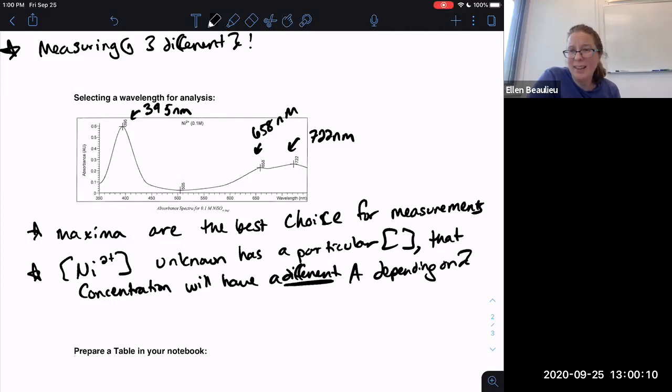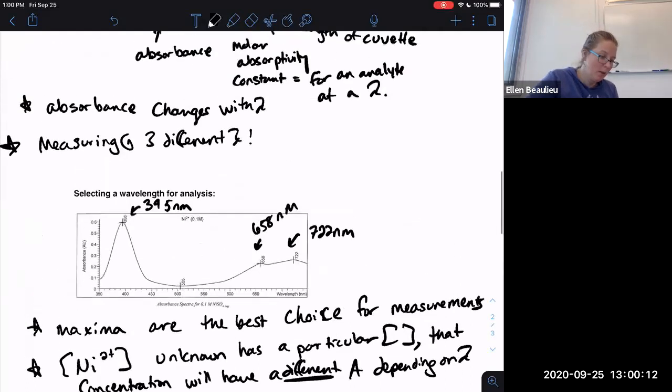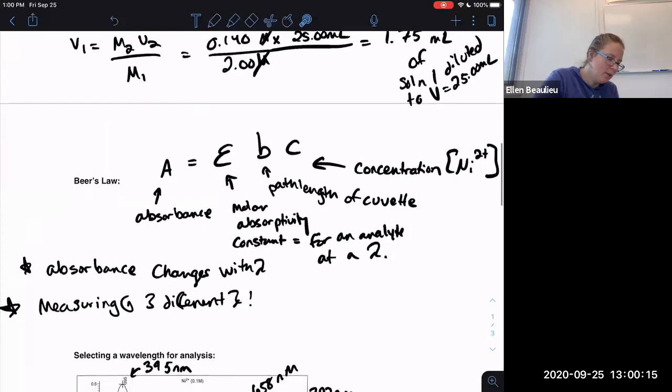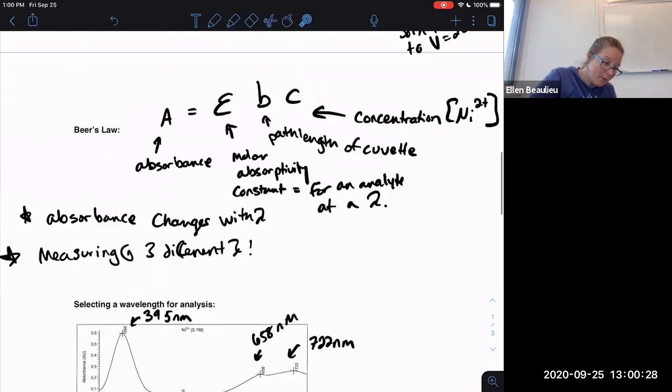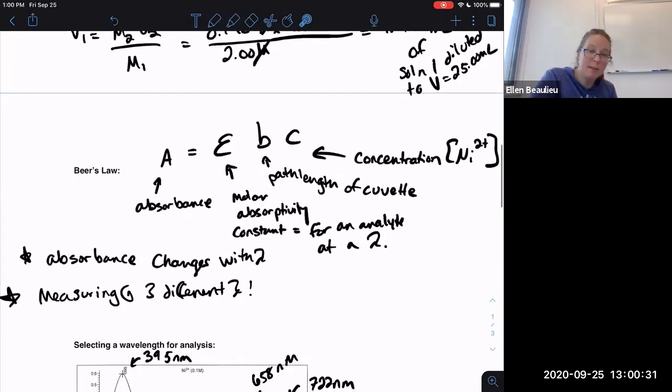And in even saying that sentence out loud, I just answered my own question. So here's Beer's law: absorbance equals epsilon, beta, and concentration. If we know our unknown has a particular concentration, but it's going to absorb light differently, if absorbance is going to be a variation, then absorptivity must change with the wavelength, because the path length is going to be constant and the concentration is going to be constant.